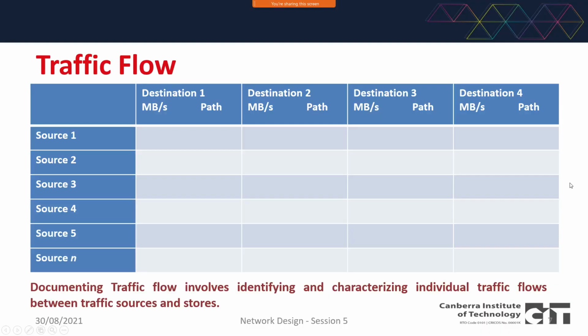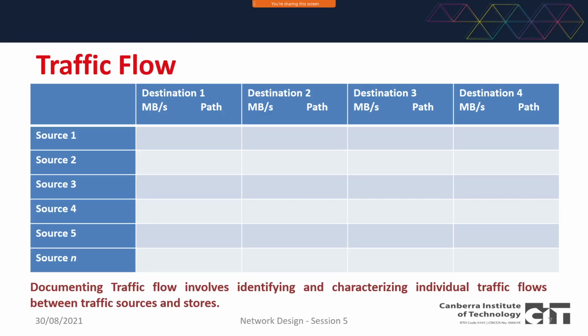Now, traffic flow. There's a way we can actually describe traffic flow based on the amount of bits per second that is traveling across a link. That would help us with the optimization of the network, and that is also going to help us understand what can be done to improve network performance.